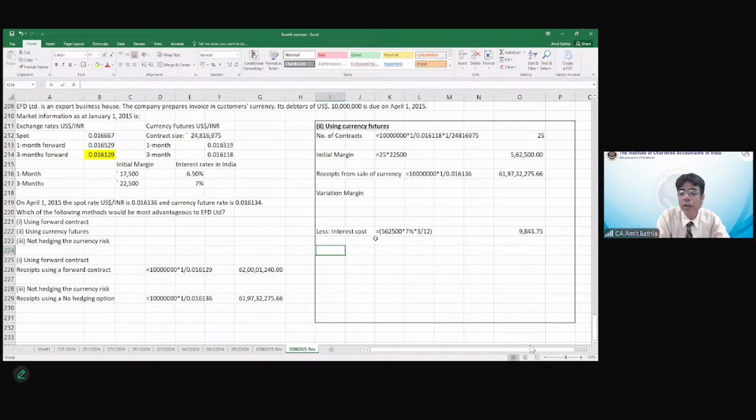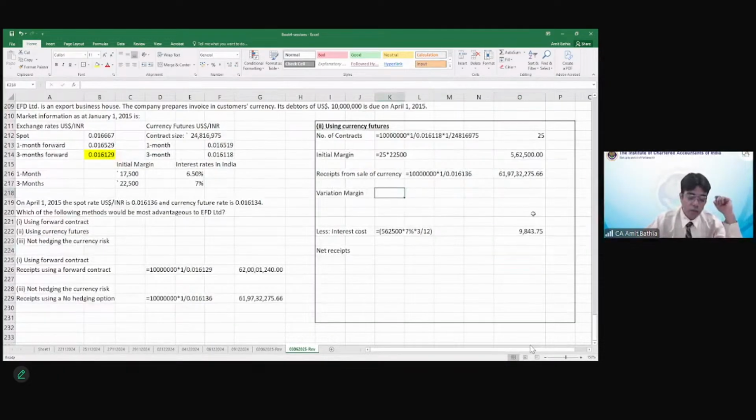Now I will have net receipts. Net receipts is going to basically be a part of 3 things. So I will have receipt minus interest cost and variation margin, positive or negative, that I will recover from the currency futures. Am I right? That is what is going to come to me from currency futures, because I will ensure that my futures is paying me for that difference.